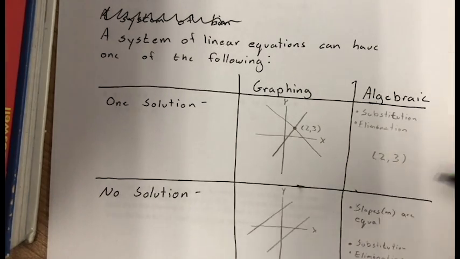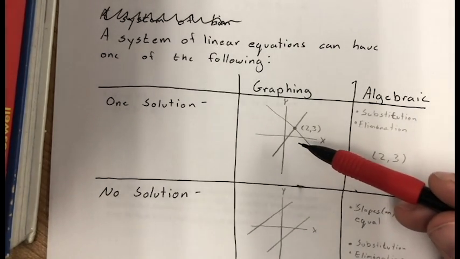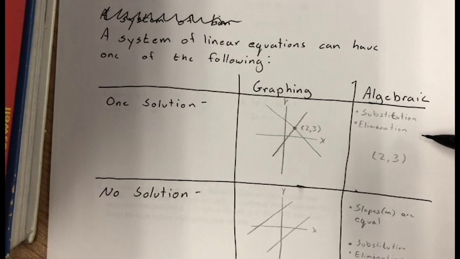This is one solution. This is what it looks like on a graph. Algebraically is what we've been doing through substitution and elimination. All that work leads to the simple fact that the lines algebraically will cross at (2, 3). This is what we have been doing since Section 4.1, so that's nothing new to you.